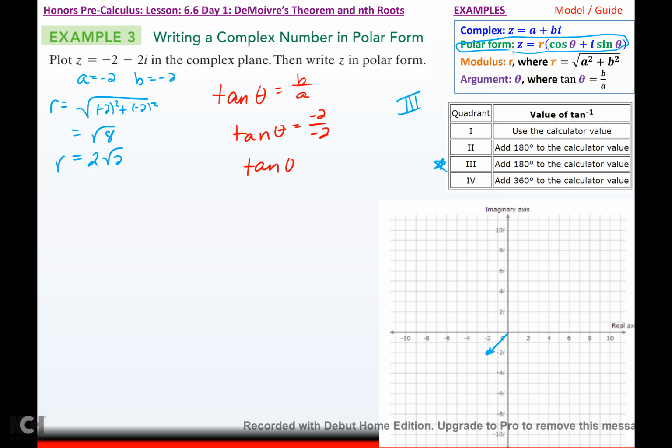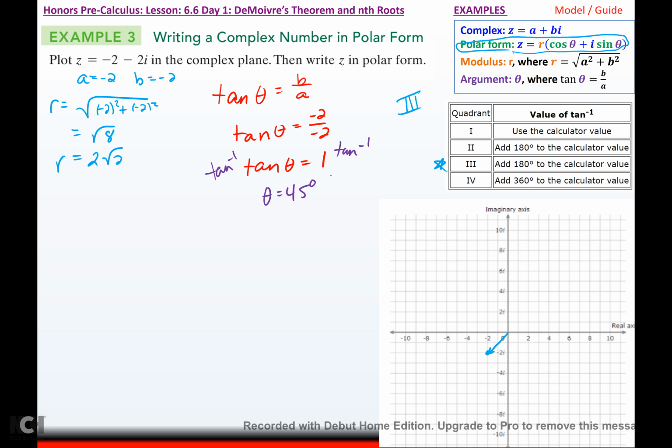So tan theta equals 1. Now, you're going to have to be careful here. When you do this in the calculator and they want their answer in radians, remember your calculator is going to give you a stupid decimal. So what I do is I go ahead and put my calculator in degrees and I arctan, and that's going to tell me that theta equals 45 degrees.